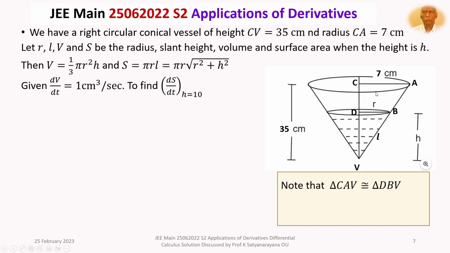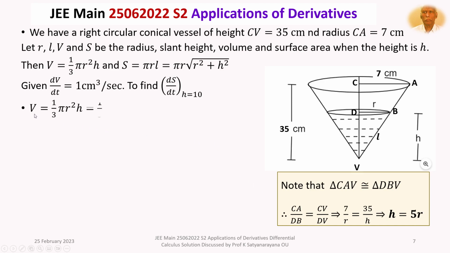Therefore, their corresponding sides are proportional. CA by DB is equal to CV by DV. CA, the radius, 7 by DB is r, equal to CV 35 by DV is h. From this, 7 ones are 7, 7 fives are 35, so you will get h is equal to 5r. That is the relationship between h and r.